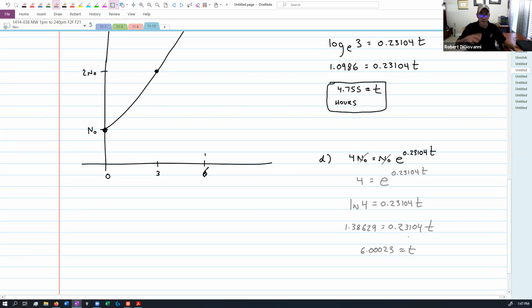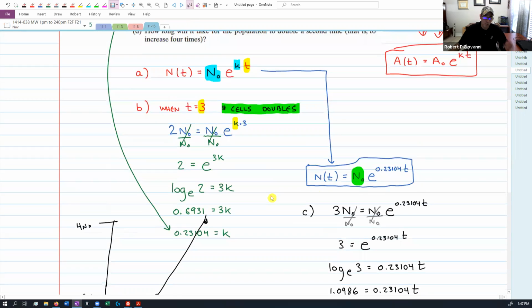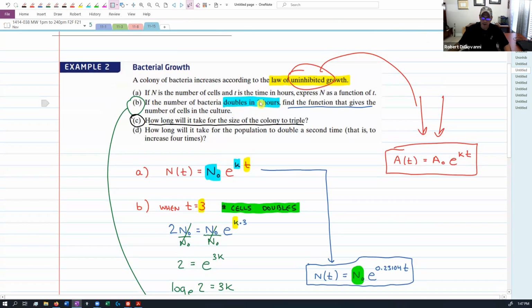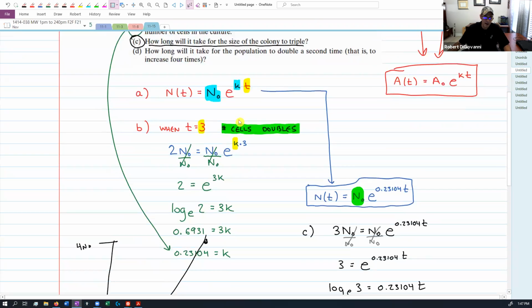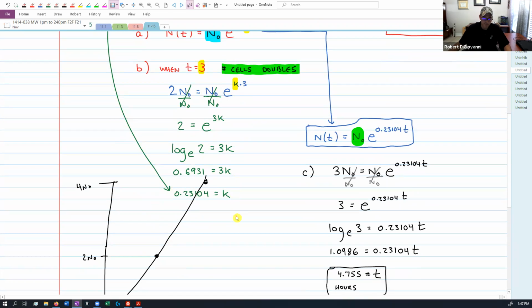So there's some rounding error here, because when you do natural log of 4, we have to round. So we're not getting exactly 6 doing it this way, but it's approximately 6. If we just go off of what we know about the doubling, then we can just double that answer, 3 hours, and get the same result.